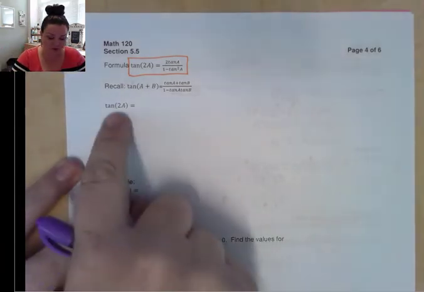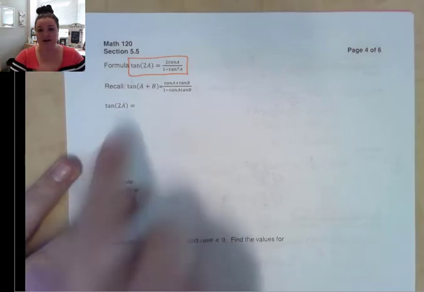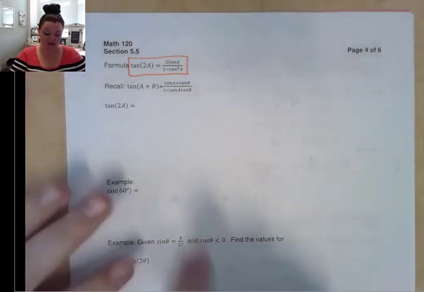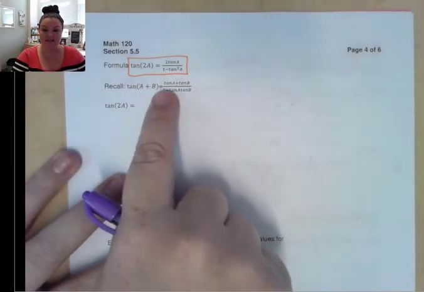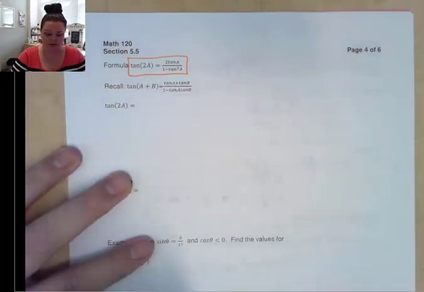The easiest way to rewrite this, if it's 2 times A, is to just write it as A plus A, right? And then once we have it written as an addition, then we can plug it into the tangent formula we already have for addition of angles, okay?